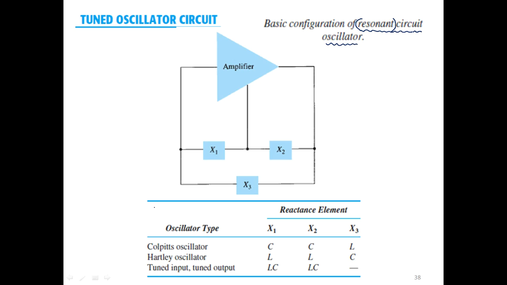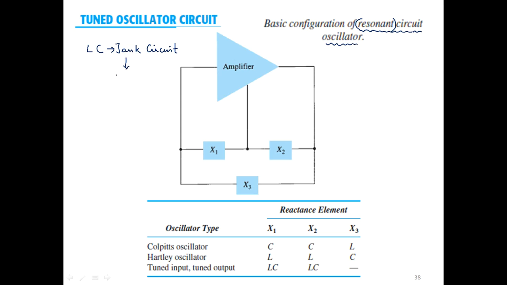Okay, so it is only at a particular frequency, and that particular frequency will be determined by the reactance of the inductor and the capacitance. Okay, so in simple words, we usually call the combination of L and C a tank circuit.